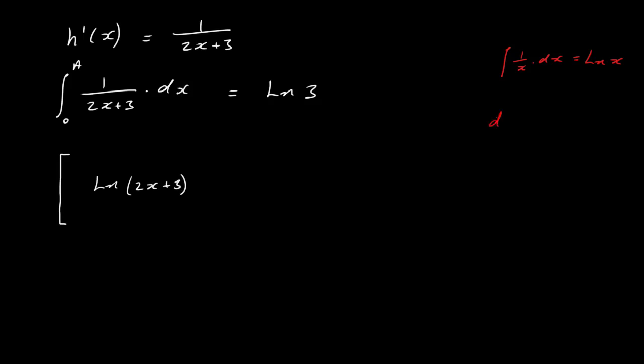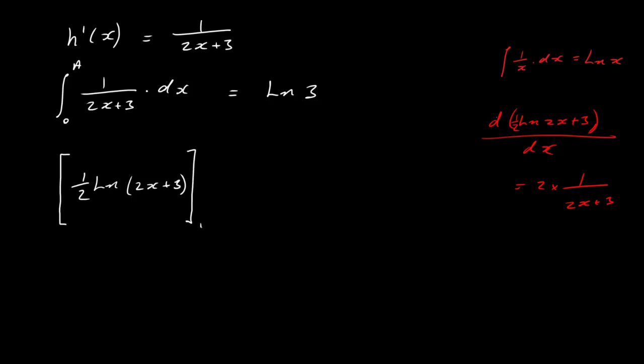If you differentiate log 2x plus 3 with respect to x, you get 1 over 2x plus 3. But because it's not log x, it's log 2x plus 3, you'll also get an extra 2 multiplied here. Now we don't have a 2 here, we just have 1 over 2x plus 3. So we've got to get rid of that 2. How do you get rid of that 2? We put a half in here. And that's what we had in the previous question. So our answer here is a half log 2x plus 3.